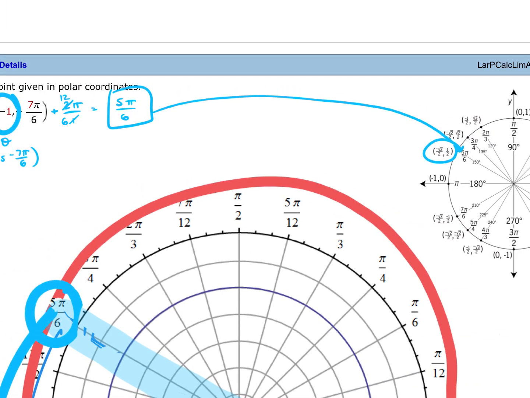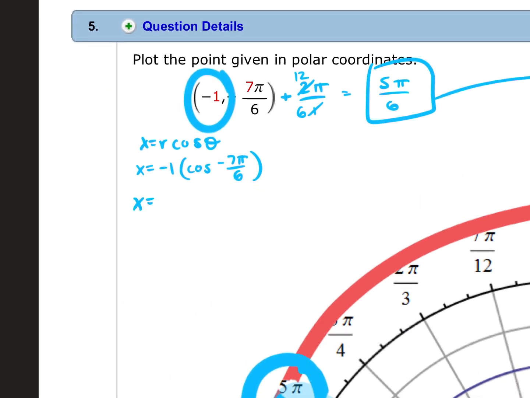So cosine tells us that we have to look at the x coordinate. So negative square root 3 over 2. Negative 1 times negative square root 3 over 2 would be positive square root 3 over 2.